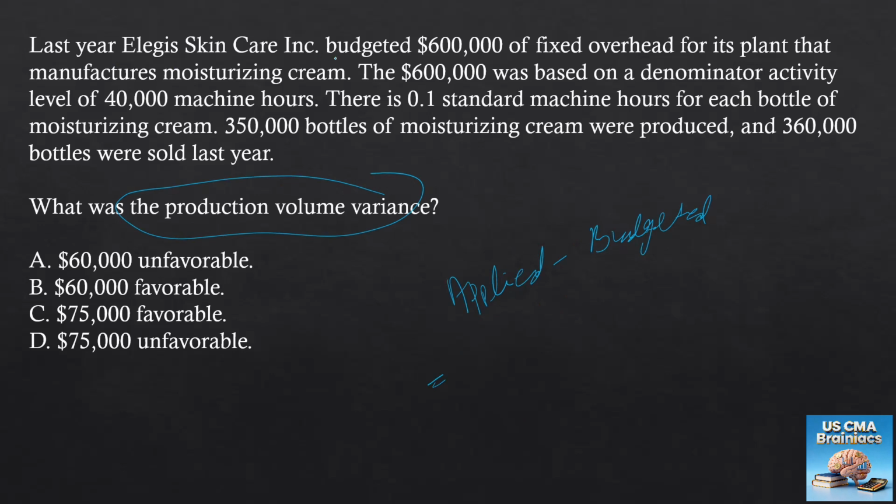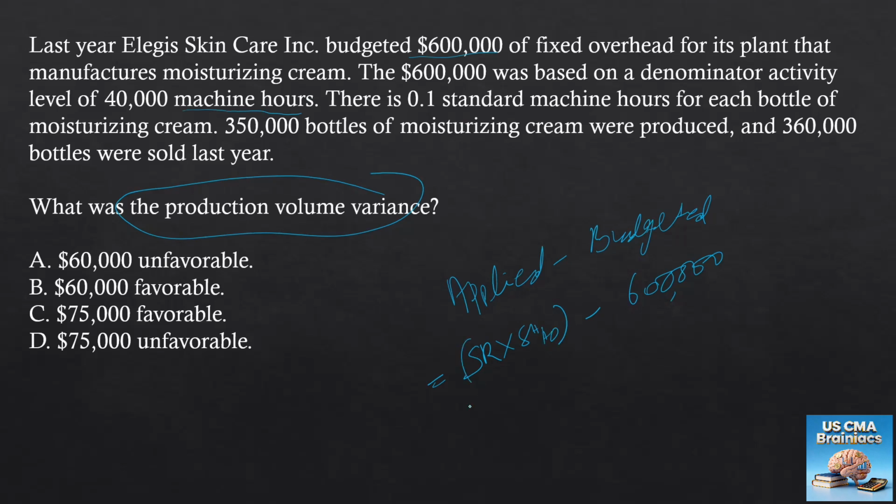Last year's budgeted overhead was 600,000, based on the activity level of machine hours. So we need to apply, that is standard rate into standard hours for actual output.